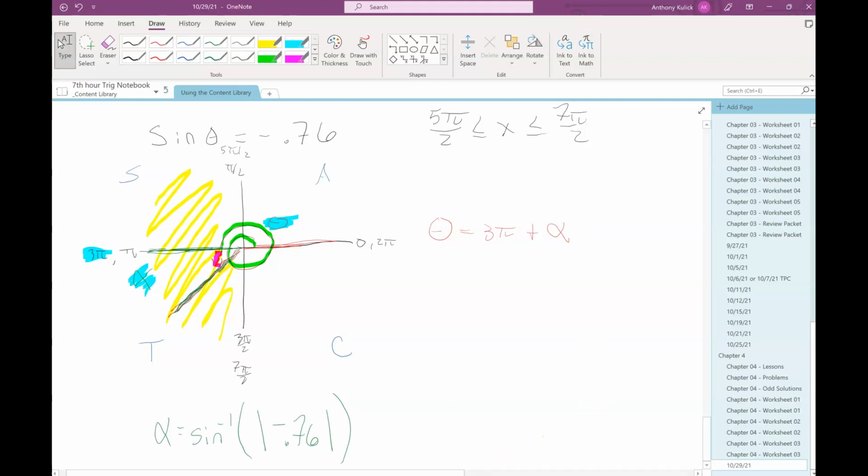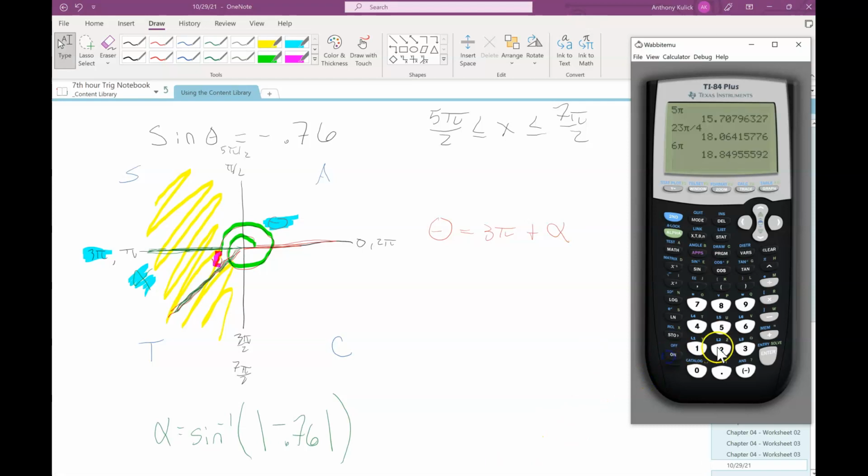So I can go to my calculator now. 3 pi plus sine inverse. And I'm not going to do the absolute value on the calculator. I'm just going to do the absolute value in my head because, well, I can drop a negative sign pretty effectively. And so that gives me 10.29.